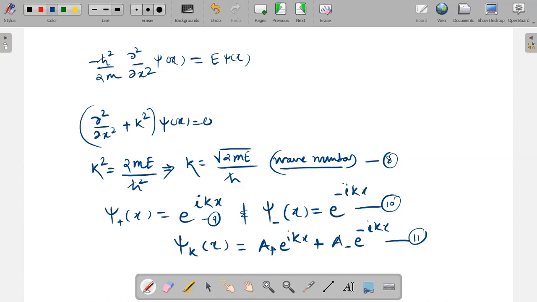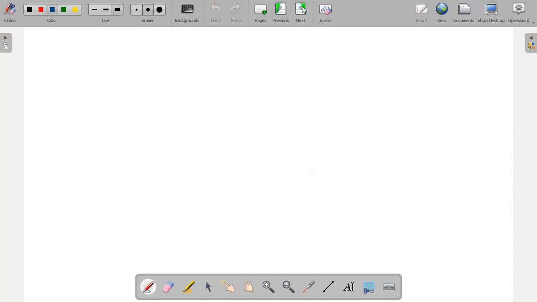The complete wave function is thus given by the stationary state, so I will rewrite equation 11: phi k of x equal to A plus phi k plus A minus phi minus k.